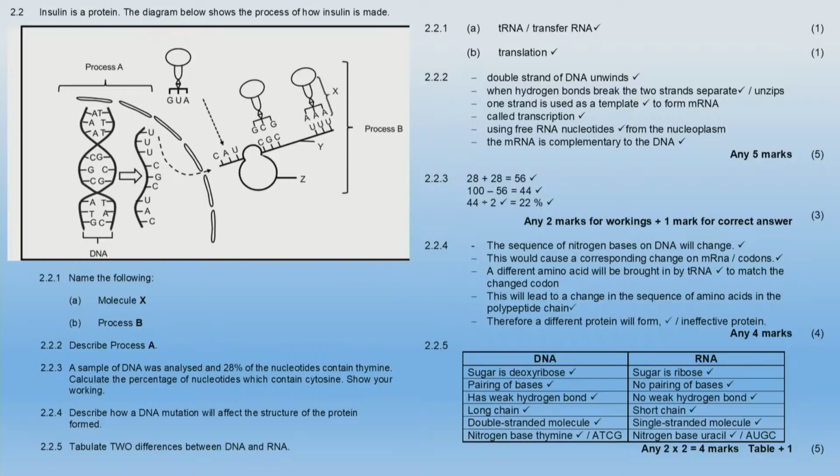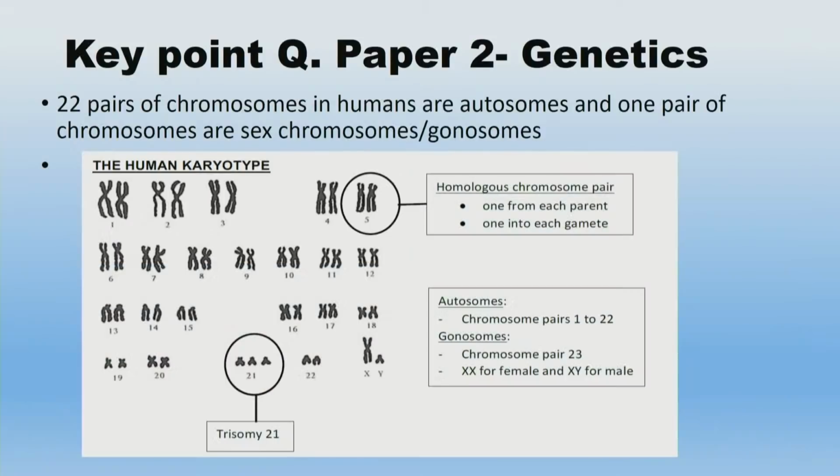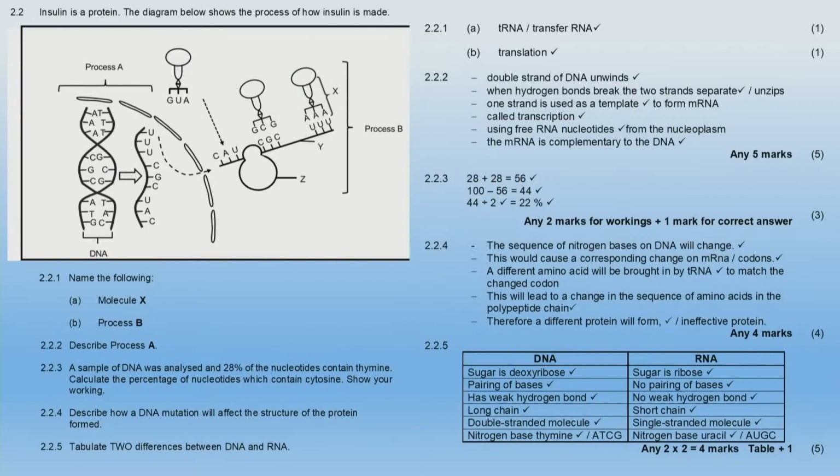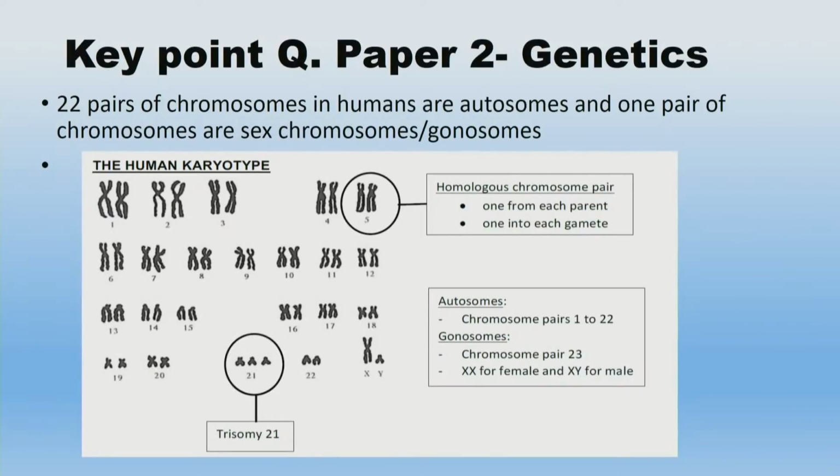And then the role DNA plays in the whole process of protein synthesis. So those are the important things on DNA and RNA for 27 marks.